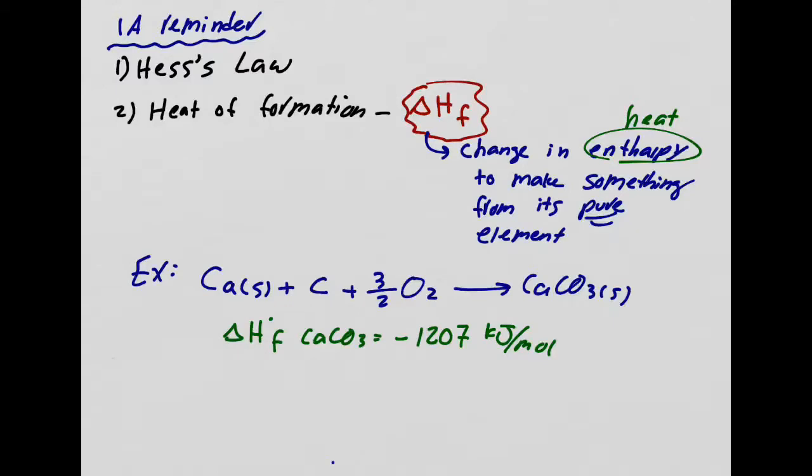Now, if you look at this delta H of formation, a couple things to remind you from what you learned in Chem 1A. This is a negative value. What does that mean? That means it is an exothermic reaction. Remember, an exothermic reaction is favored, because not only did you not require energy, net, you actually released energy to the surroundings.